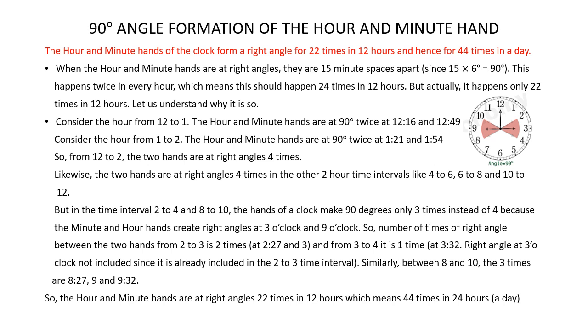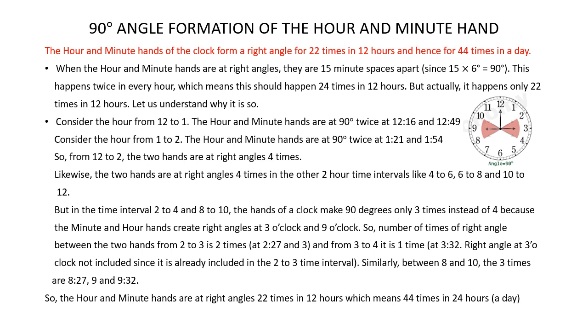Once at 3 o'clock and the next time at 3:32. As you can see here, the right angle at 3 o'clock is common for the time interval 2 to 3 and 3 to 4. So we can consider this 3 o'clock only once.